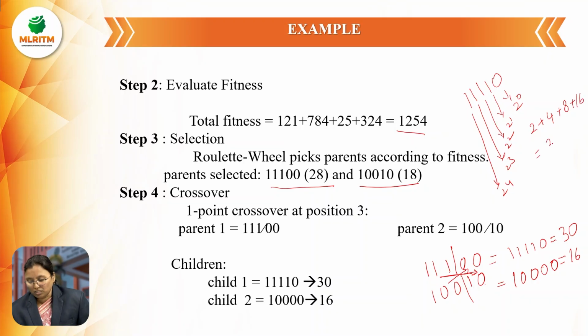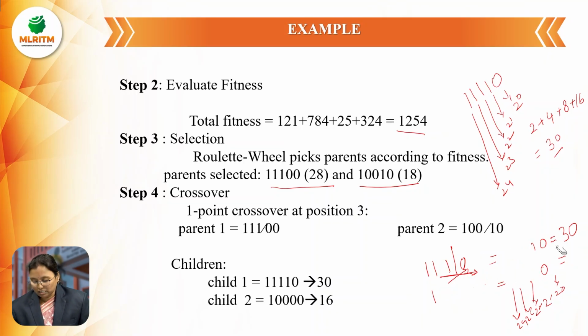We add them and get 30. Like that we find the next child also. We get 16: 2 power 0, 2 power 1, 2 square, 2 cube and 2 power 4. 0 into anything equals 0, and 2 power 4 into 1 means 16.